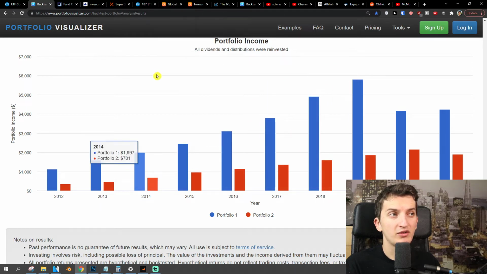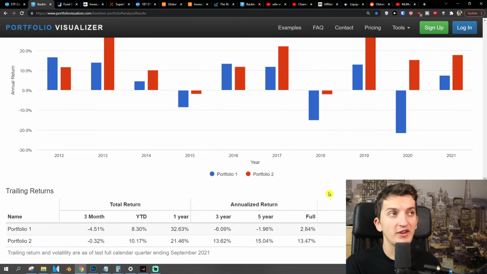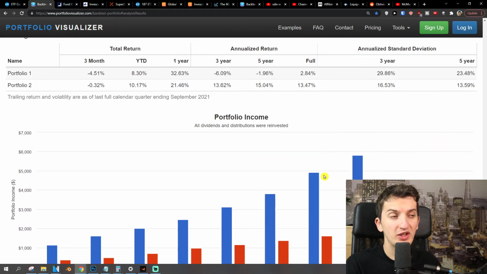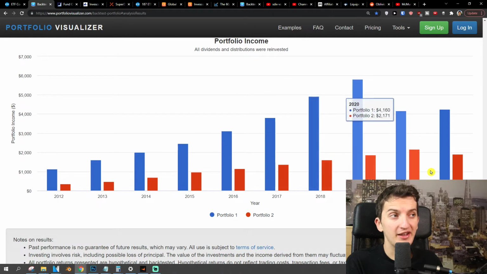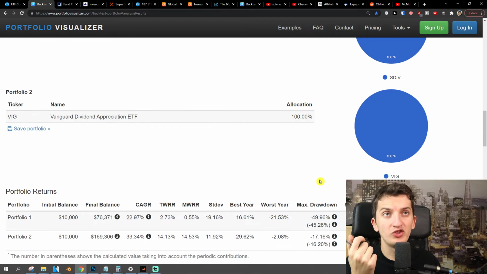Now, when I'm gonna show you the dividend yield history, and we reinvested everything, you see like 2019, 5,800 comparing to 1,857. But yeah, 2019 was really great from the dividends perspective. But when we reinvested, when you look on the growth of the whole market, you would still lose money. Not lose, but VIG would outperform you.